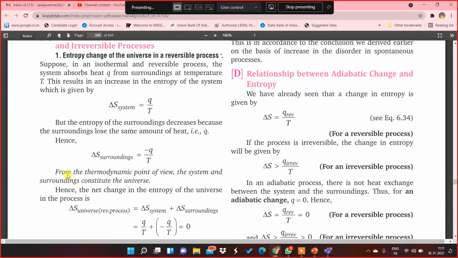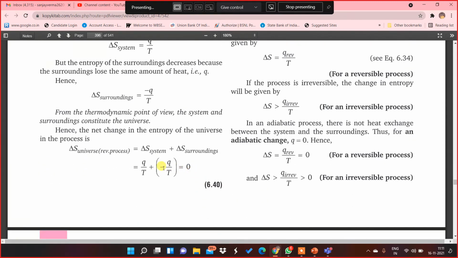From the thermodynamic point of view, the system and surroundings constitute the universe. Hence, delta S of the universe for a reversible process is equal to delta S system plus delta S surroundings. If we add these two, it comes to 0.